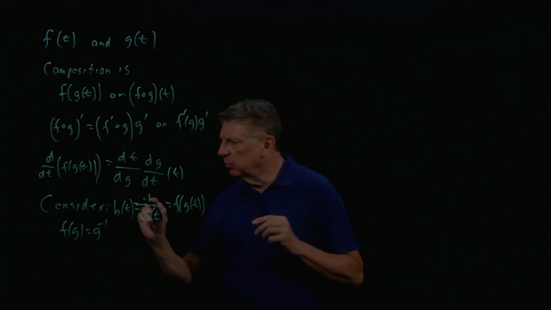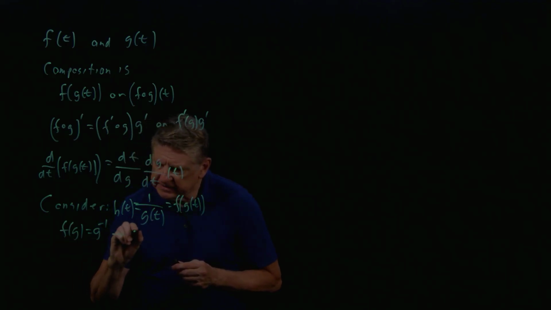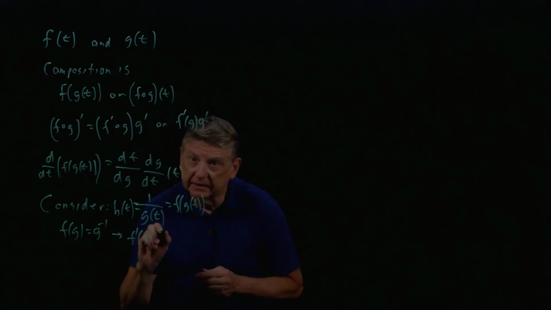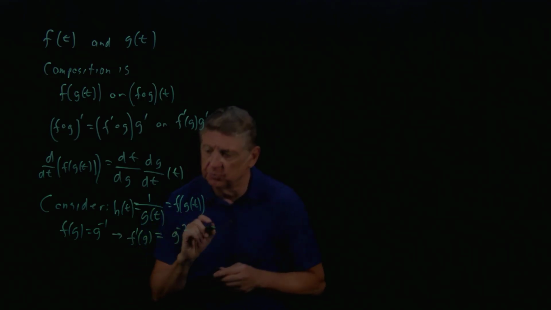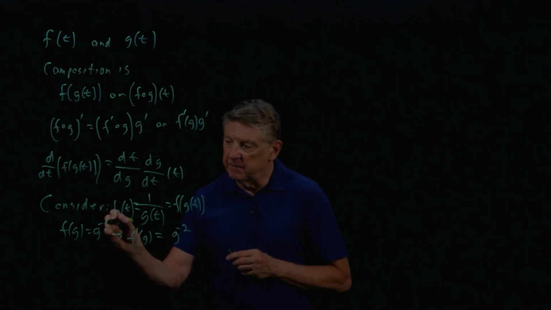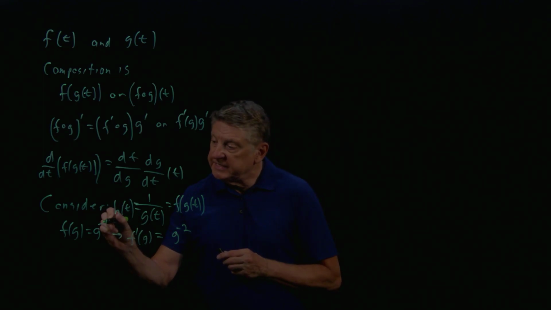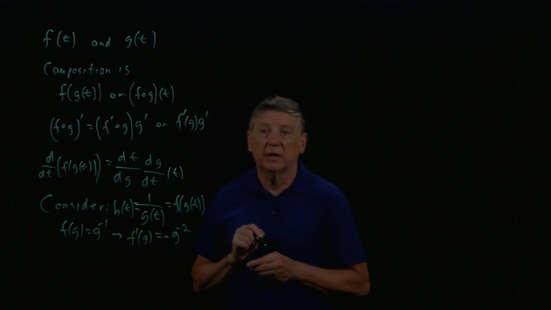Now, from the power rule, that implies that f prime of g equals minus g to the minus 2 by the power rule, right? So we subtract 1, we have minus 1, and then we subtract 1, so that's minus 2, and then we take this power down in front, so that is minus g to the minus 2.